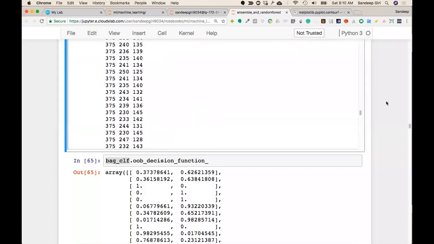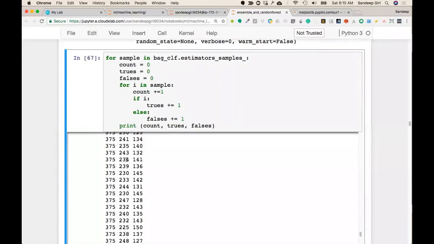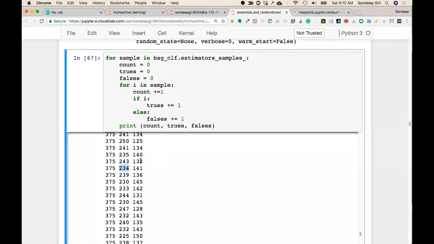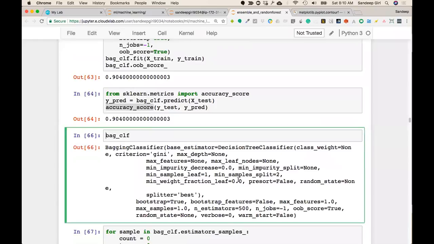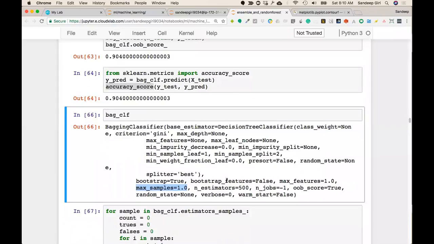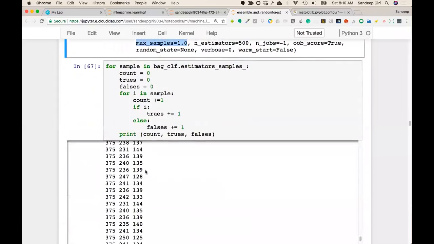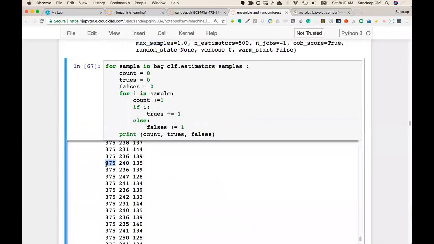Okay. So by default, it is basically picking up these many samples. All right. So that's about this one. Ideally, max samples of 1 means that you are going to pick up all of those. Okay. So basically, it is picking these many values out of 375 for each of the estimators.